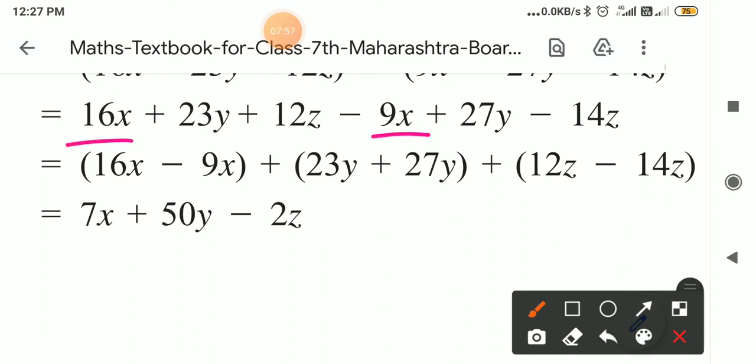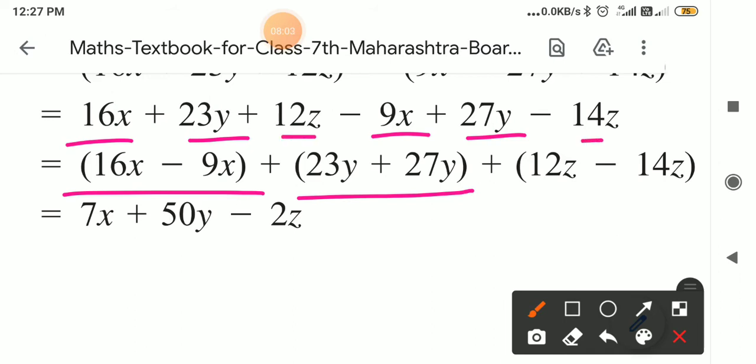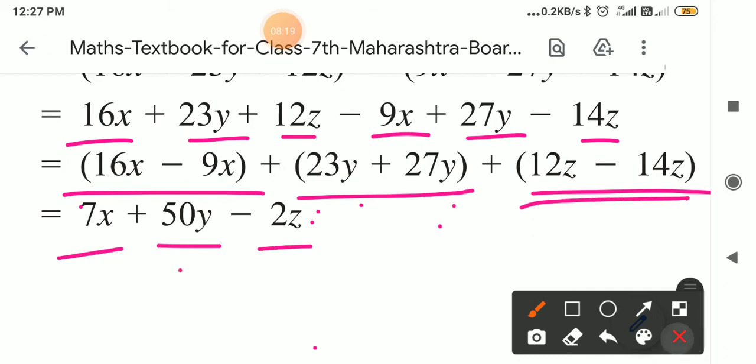Now take the like terms together: the x terms, then the y terms together, and then the z terms together. 16 minus 9 is equal to 7x. Here I think I made a mistake in the signs, so let me do the correction. 23 plus 27 is 50y, and the subtraction of these two is 2z.